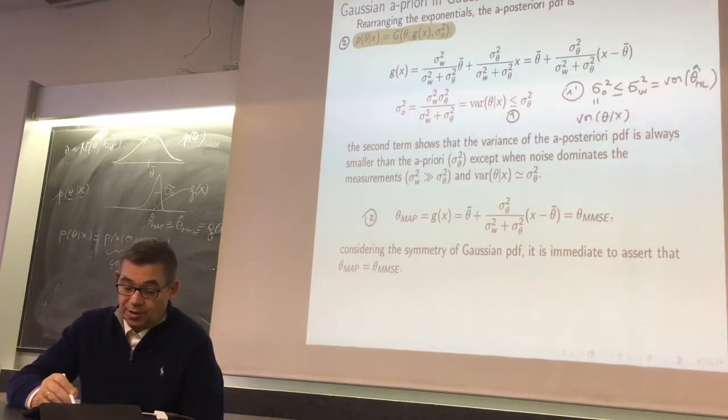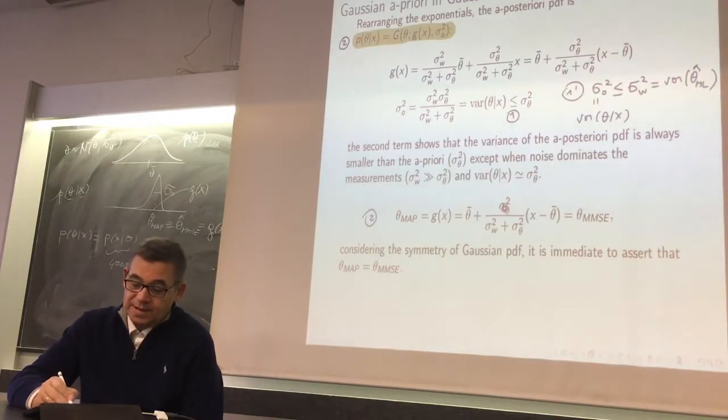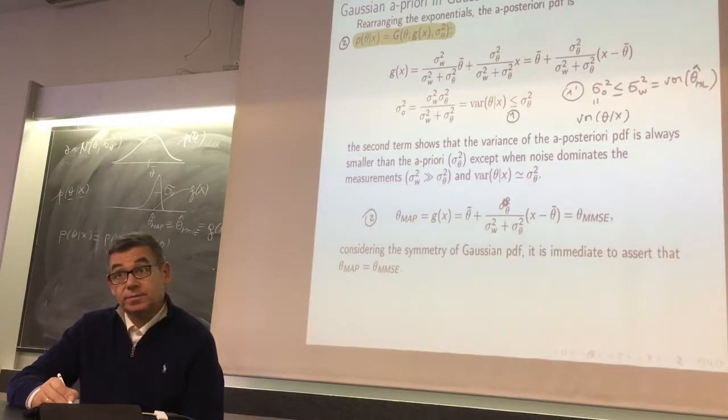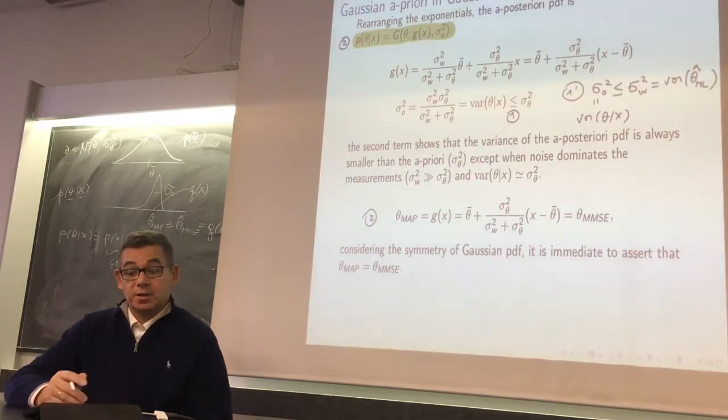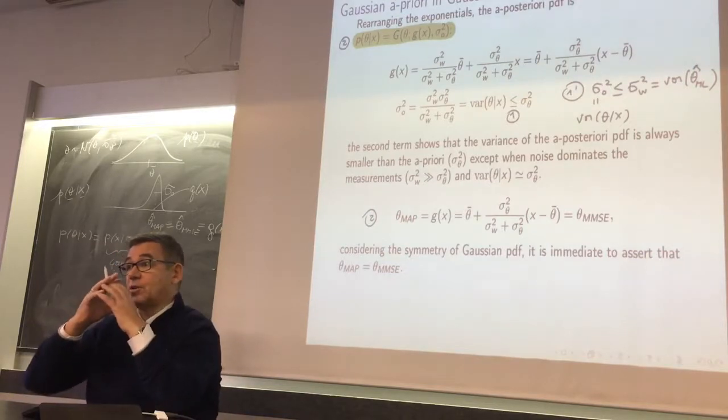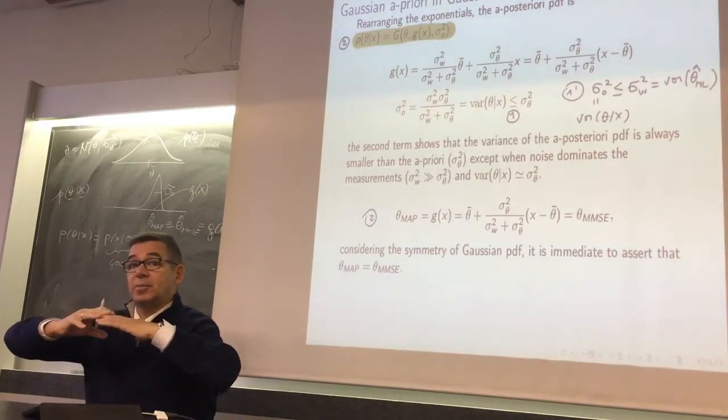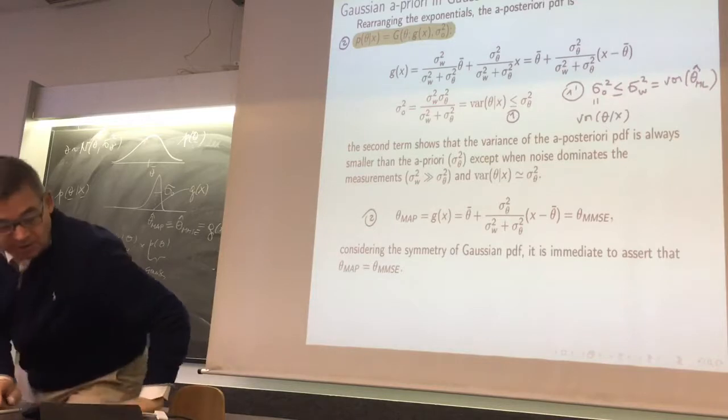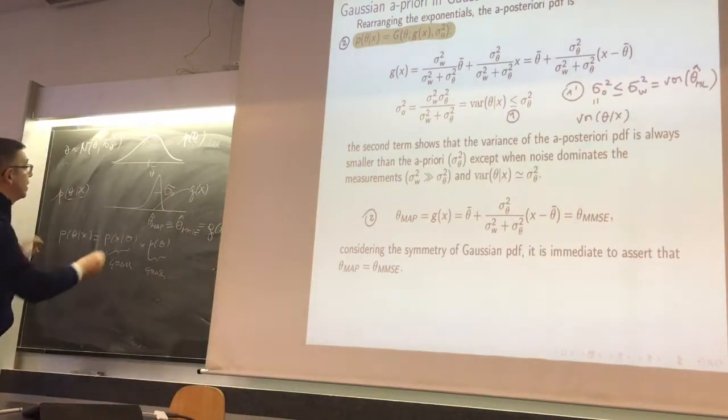So look at now, that means that if sigma theta now is very big, assuming that sigma theta is so big that it is going to infinity, okay, so that means that my a priori information is getting bigger, bigger, bigger. Sigma is getting bigger, bigger, bigger.